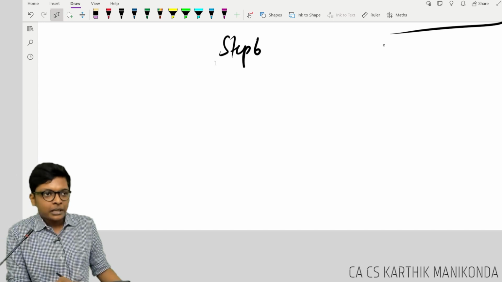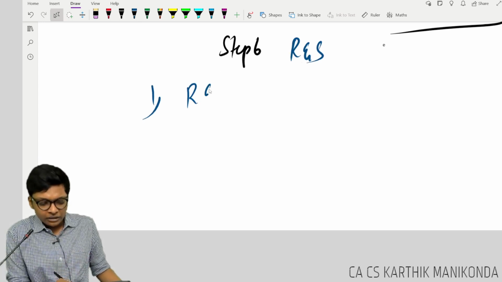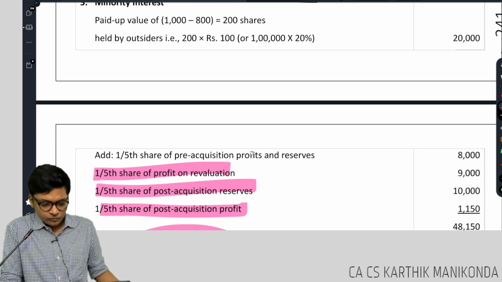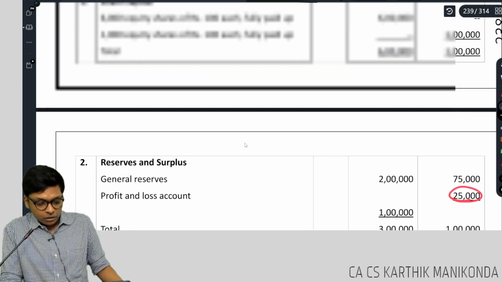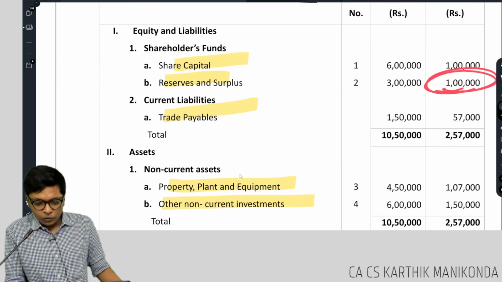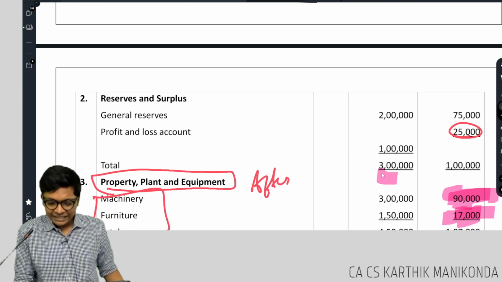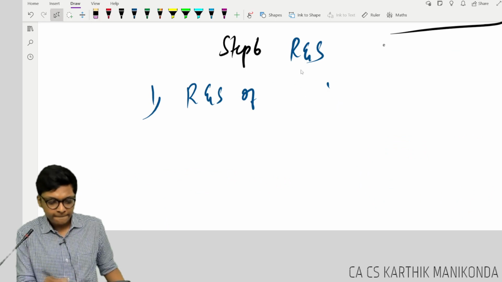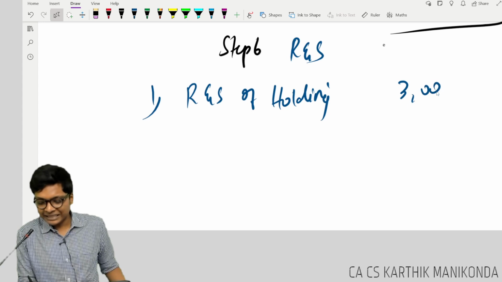No problem. Computation of reserves and surplus. First, I will write down reserves and surplus of holding. How much is that, guys? 3 lakhs, correct. First I will write reserve and surplus of holding, which is 3 lakhs.